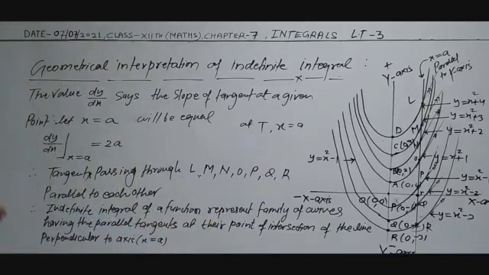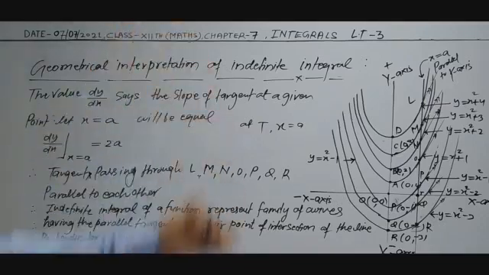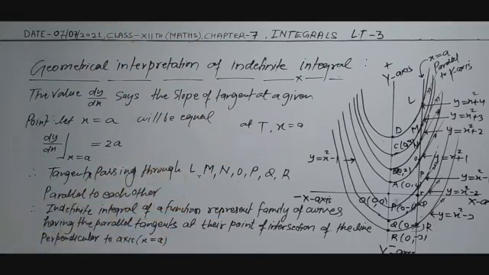Again, see, the indefinite integral of a function represents the families of curves having parallel tangents at their points of intersection with the line perpendicular to the axis. This line represents x is equal to a, which is parallel to the y axis or perpendicular to the x axis, that represents the variable of integration.